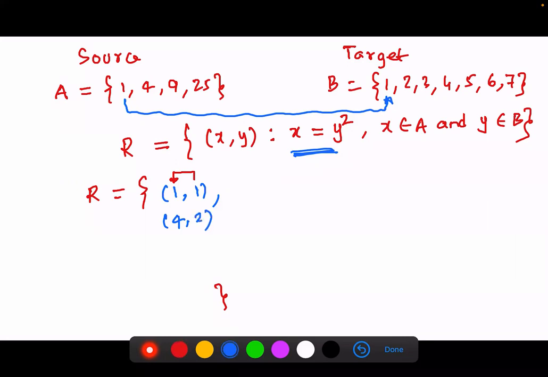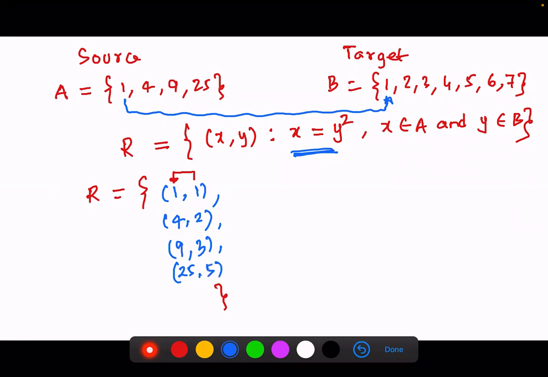Yes, I'm squaring y. You got it? So now, Harsha, tell me, if x is 9, what is y? 3, sir. Very good. Now, if x is 25, what is y? 5, sir. 5.